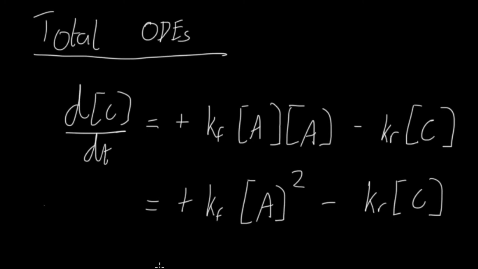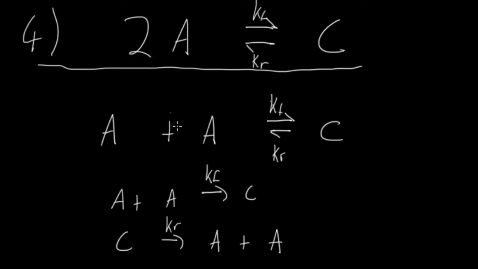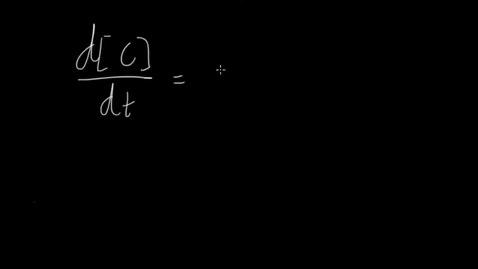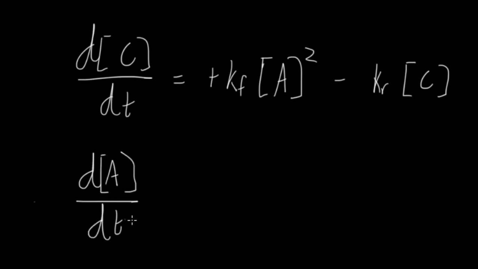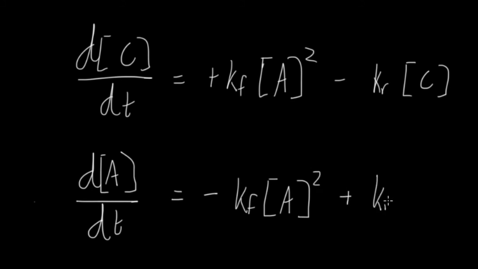So that means our total ODEs altogether is dC by dt equals K forward A squared minus K reverse C, again, as we have before. And likewise for A, the rate of change of the concentration of A equals minus K forward A squared plus K reverse C, because A is being used up now.